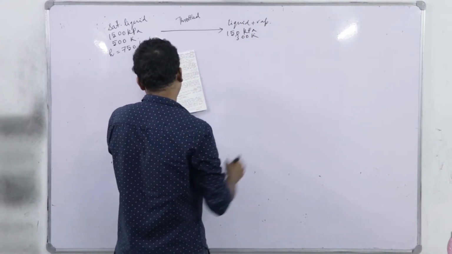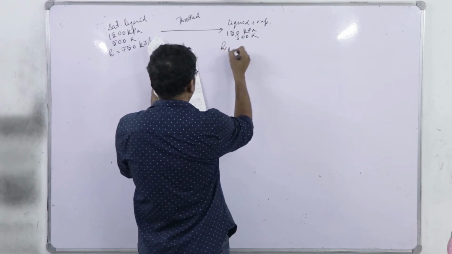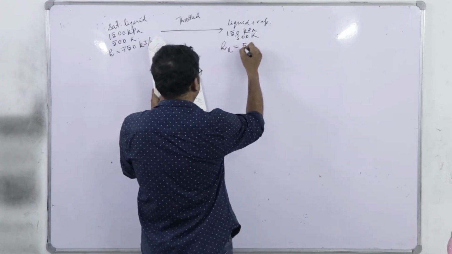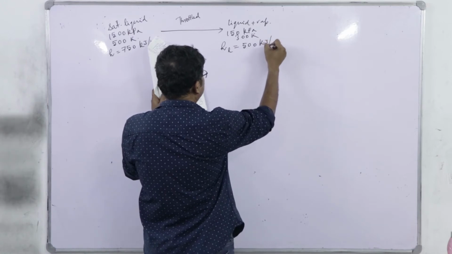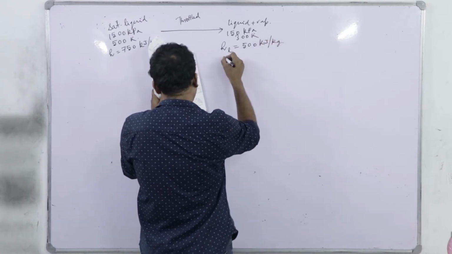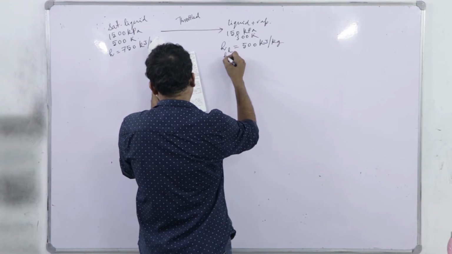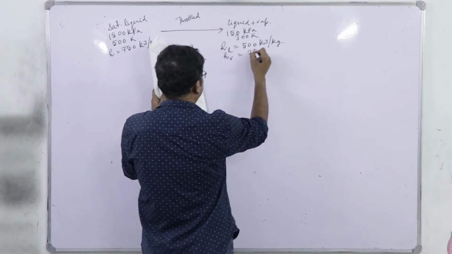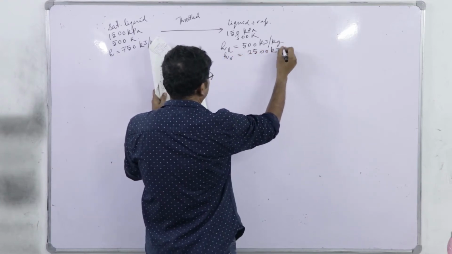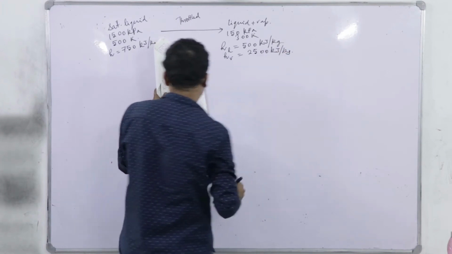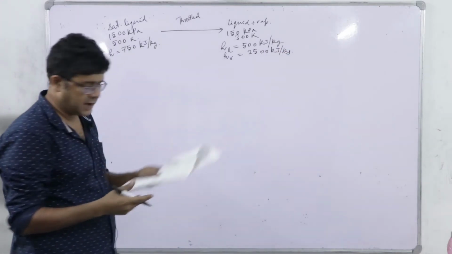At the exit condition, the enthalpy of saturated liquid HL is 500 kilojoule per kg and that of saturated vapor is 2500 kilojoule per kg. Find the percentage of the original liquid that is vaporized.